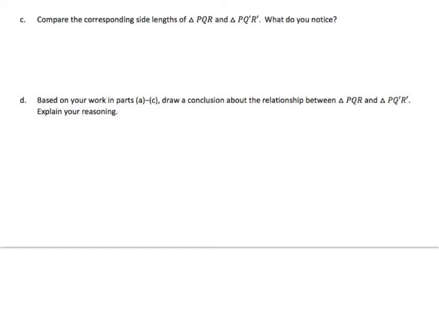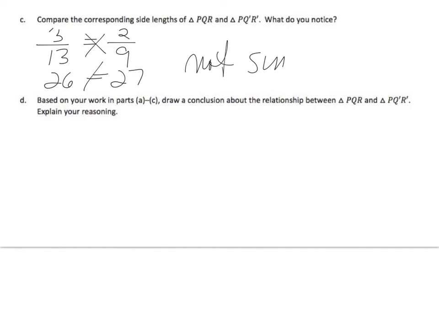I already did, I'm sorry. Let's do 3 over 13, which is the left side of the triangles, and then 2 over 9. Find the cross product. 27 and 26 are not equal, therefore they are not similar. Based on your work, draw a conclusion. See above.